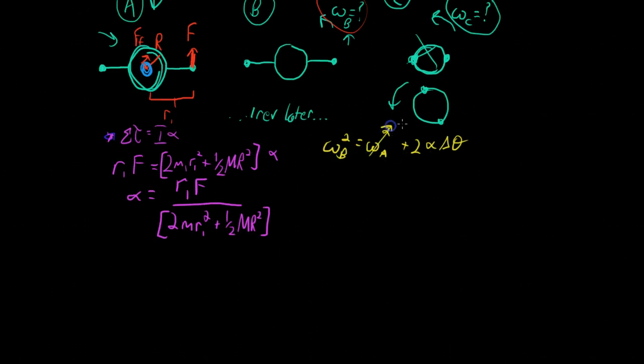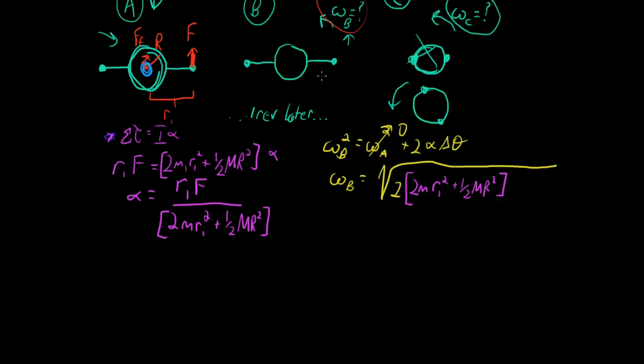And our delta theta is, of course, 2 pi, and we know what alpha is, and we know that this is 0. So we have omega b equals the square root, and this is unfortunately going to be quite long, 2 times, and we'll get some nice purple and yellow going on here, 2 times the mass in his hands times how far away they are originally squared, plus the moment of inertia of the kid himself.